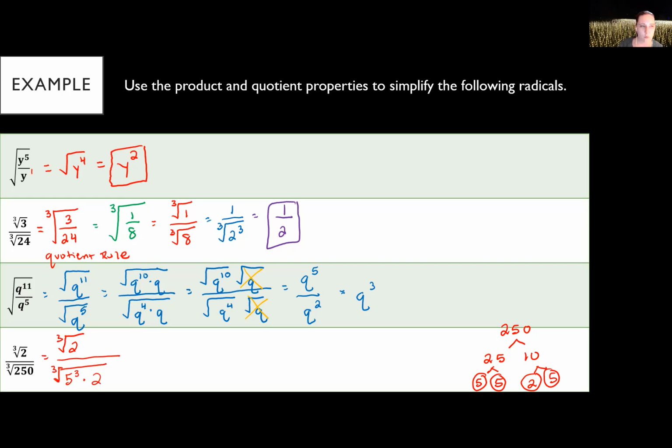So that's one way to do this. And then in the denominator, I can split up that multiplication into two separate cubed roots. So I have the cubed root of 2 over the cubed root of 5 cubed times the cubed root of 2.